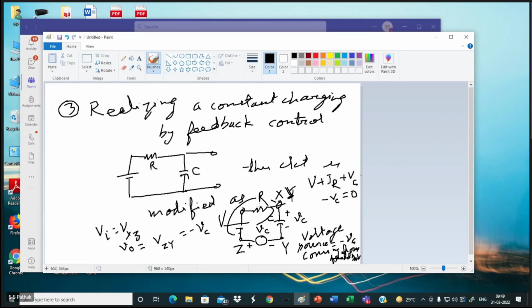In this complete loop, suppose I want to write an equation, it becomes like that. So how much current is flowing through this loop? I'm giving input here, taking output here. VC and VC cancel here, so V equals I into R.